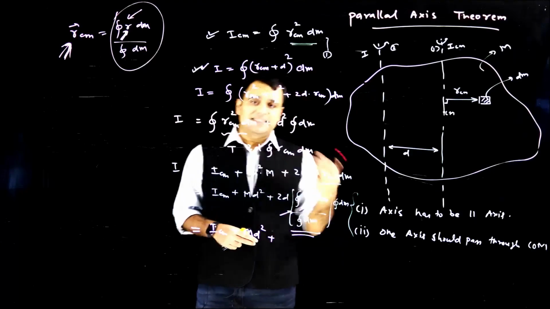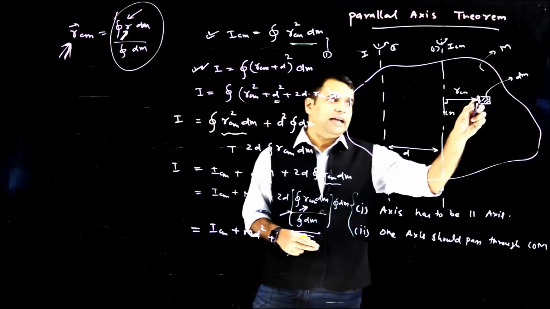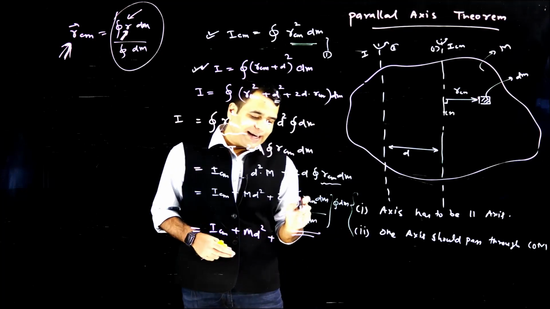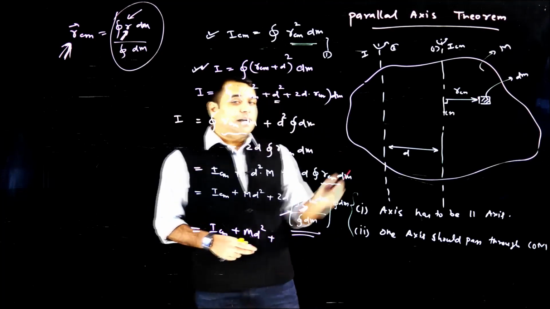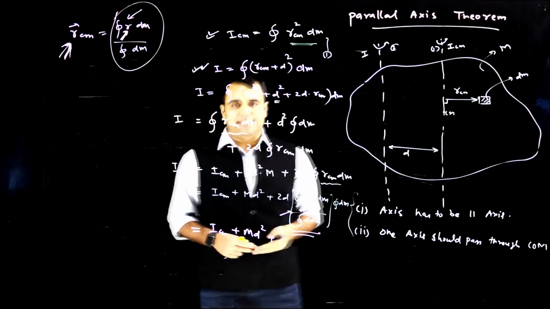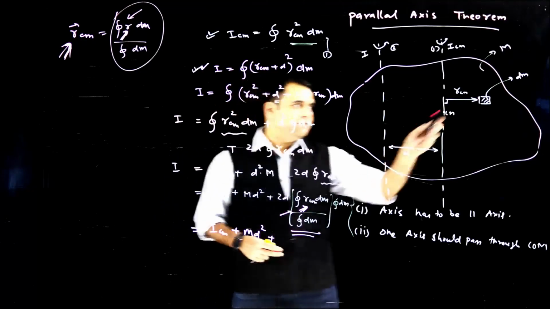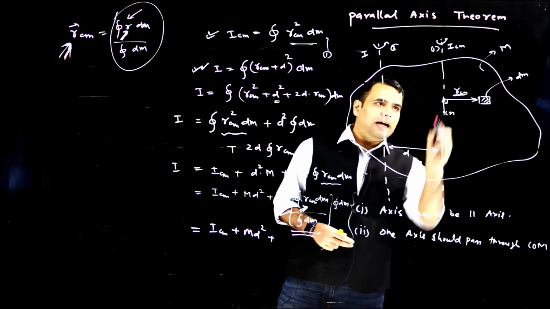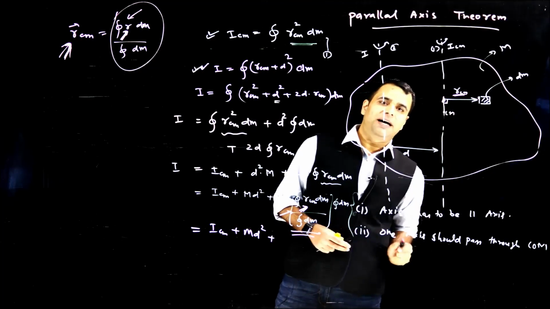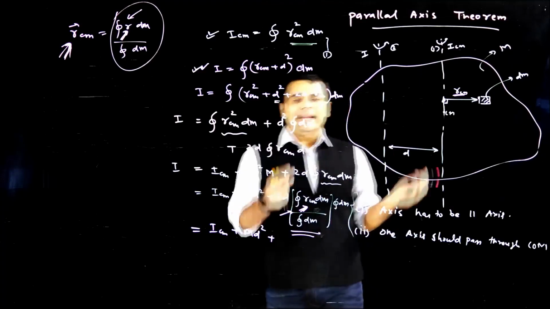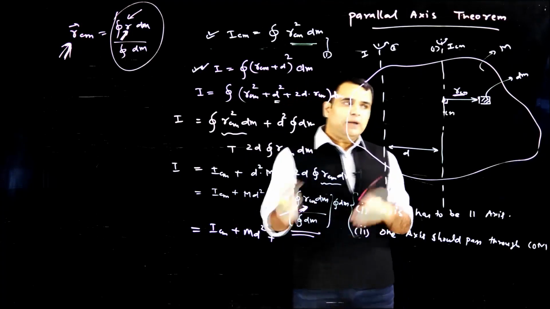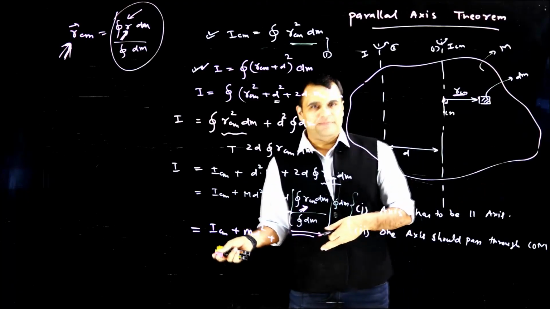So R_CM is the distance of the element calculated with respect to the center of mass. So while we were calculating the R_CM, the origin was at the center of mass itself. When we were calculating the R_CM, for this R_CM, this is the origin, and this origin is at the center of mass. So when we get the center of mass, we'll be getting it about the same origin, and that is at the origin itself.